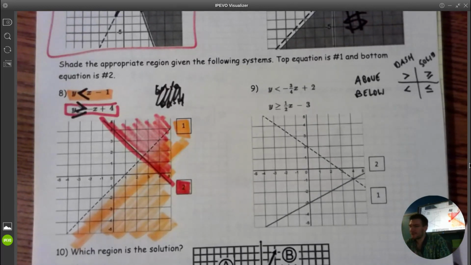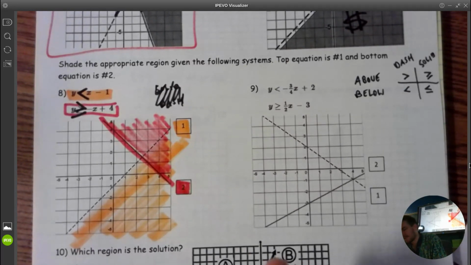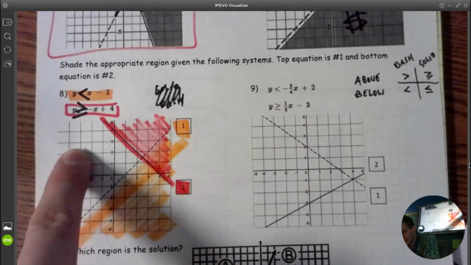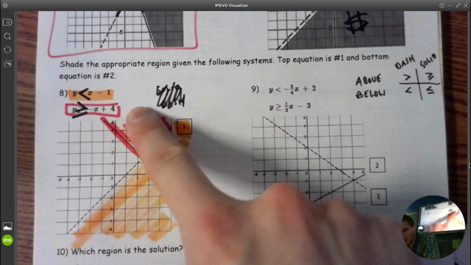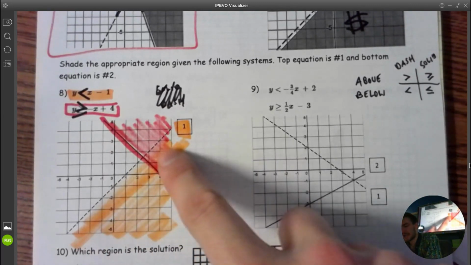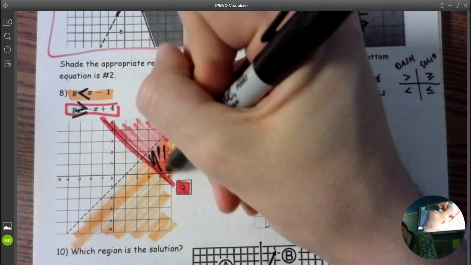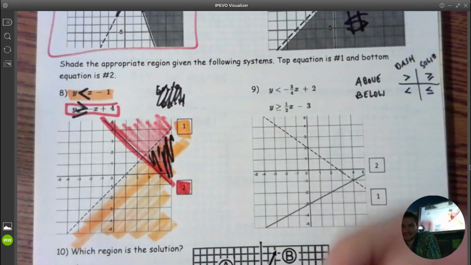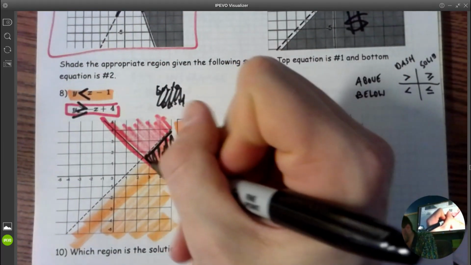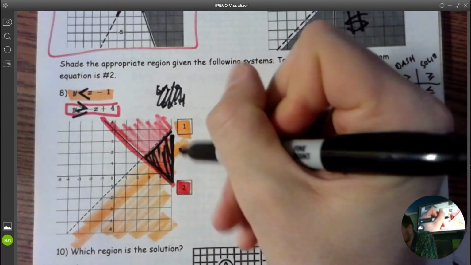Remember, whenever you do this, you should have an empty side, an only red, an only orange, and a both colors. This section right here, that is the section that we want.